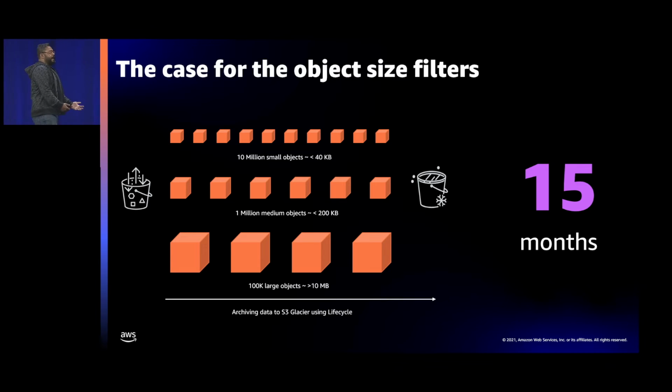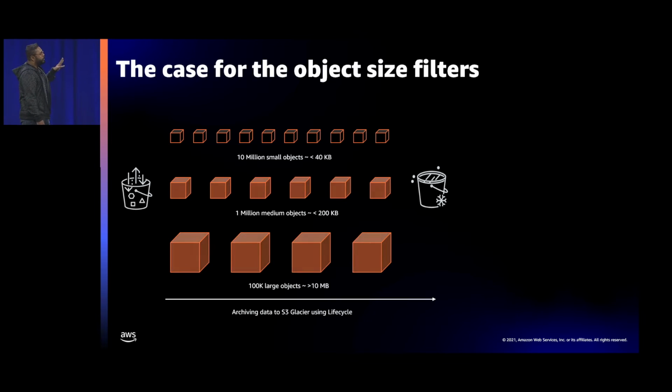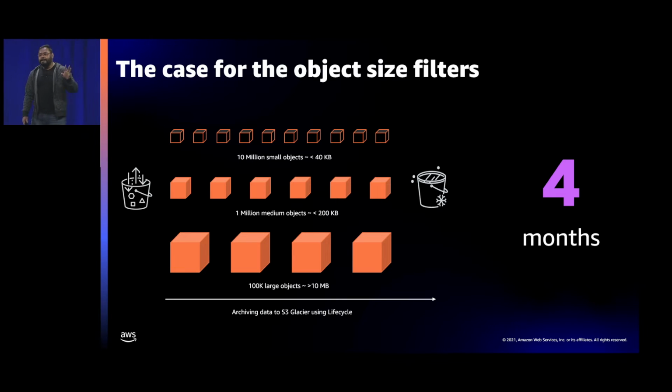So with object size filter, you can exclude the smallest objects, and you can only transition the medium-sized and the large-sized objects. That reduces your payback period by a lot. So instead of having to wait for 15 months to be cost positive, now those objects only need to sit in S3 Glacier Deep Archive for 4 months.